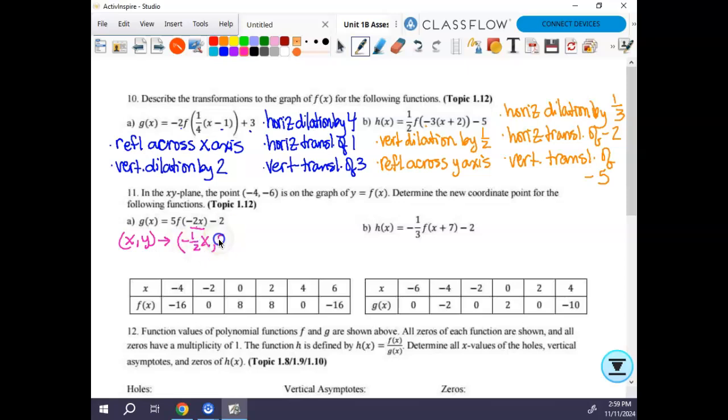And then y is being multiplied by 5, and we subtract 2. So that means that negative 4, negative 6 would map to a positive 2 and negative 32.